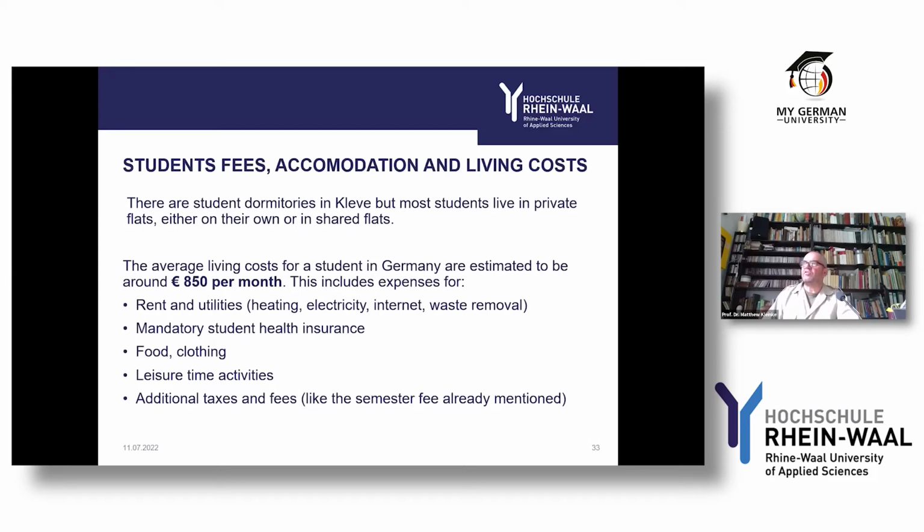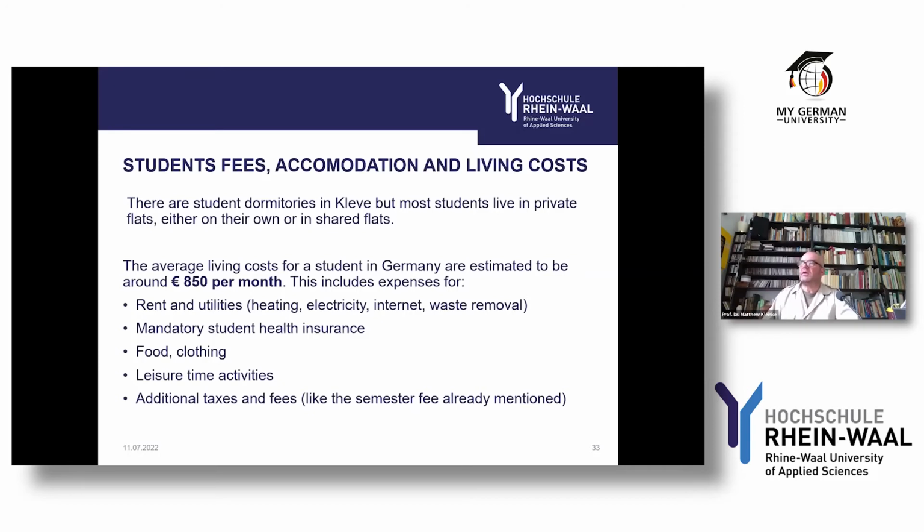There are some student dormitories, but most of the students are living in private households. I think this is the same all over Germany. You can apply for the dormitories, but a lot of students are using shared flats. Regarding expenses in Germany, I think we are not the only university where there are not so many scholarships available, as long as we don't have tuition fees, but you have to cover your own expenses.